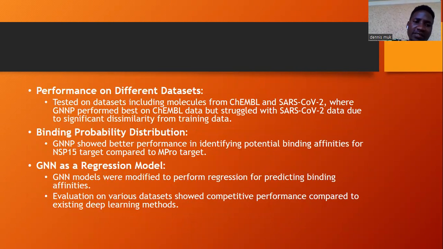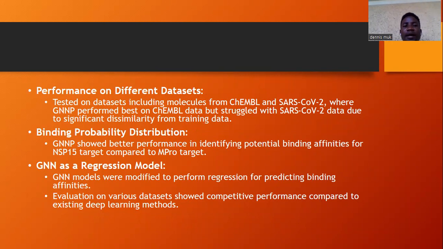They tested data sets, rather, I won't say we because I'm reviewing what they did. They tested data sets including molecules from ChemBL and SARS-CoV-2, where GNNP performed best for this data, but struggled with this due to the significant dissimilarity from training data.